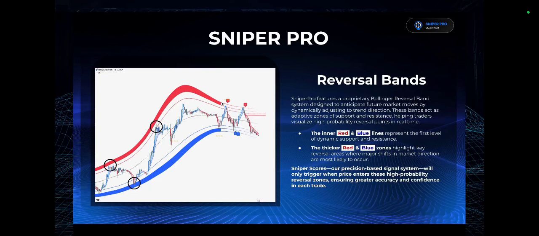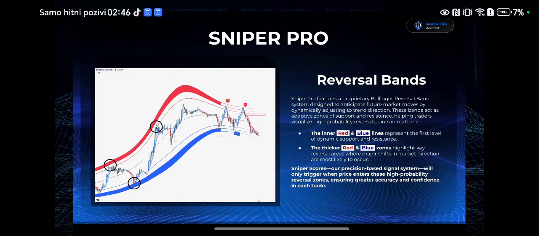But as you take a look at these little lines over here, those lines will move around as the market is moving in real time. They will either contract or expand, depending on the volatility and the movement in the market. So they will help you better understand the future movement of price.